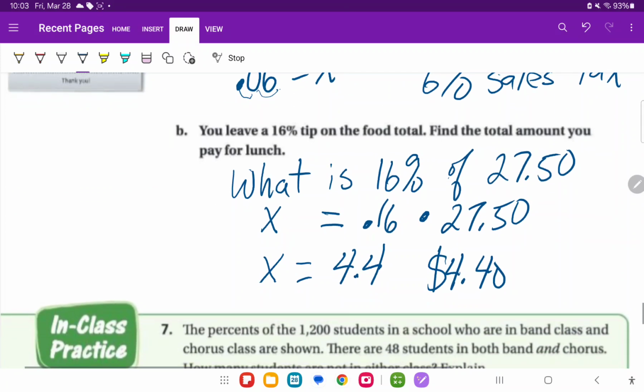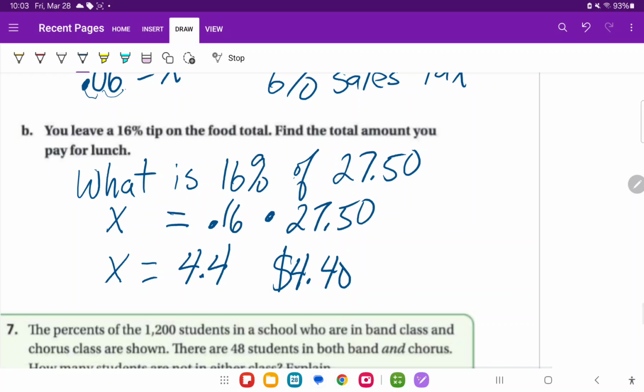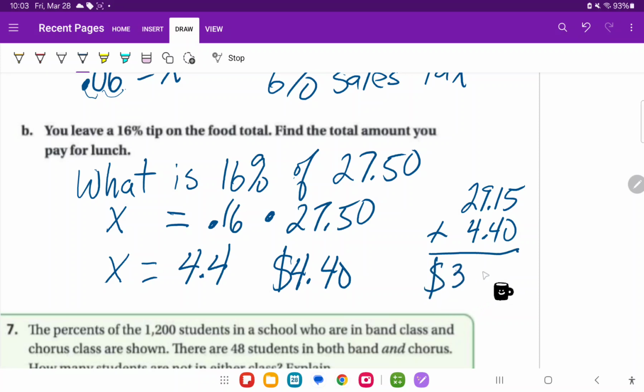Okay, I'll write that out down here if you want me to. So we took the 29.15 plus the 4.40. All right, and that was $33.55. Okay, great job.